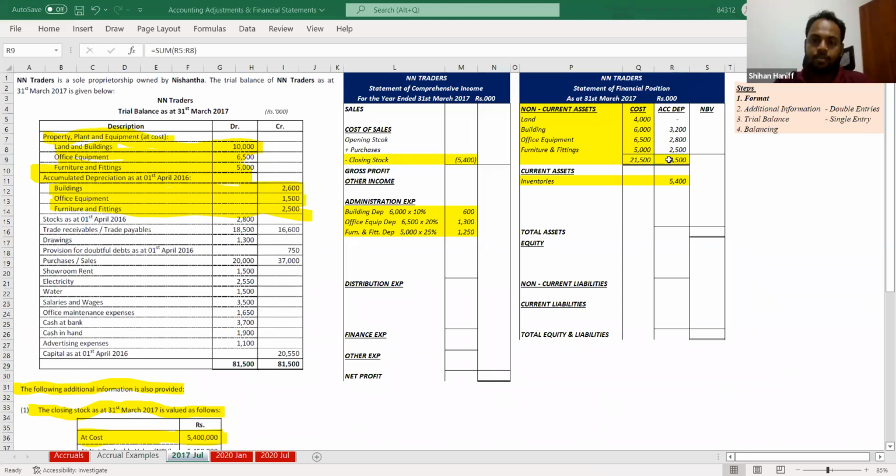It is 9,750. Then also calculate the net value and get the net book value.